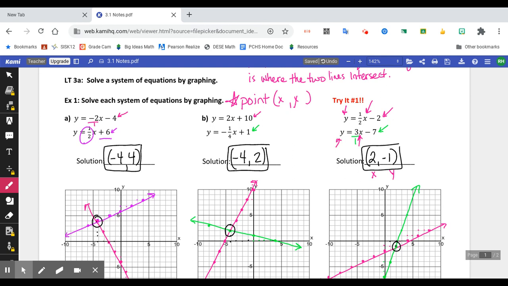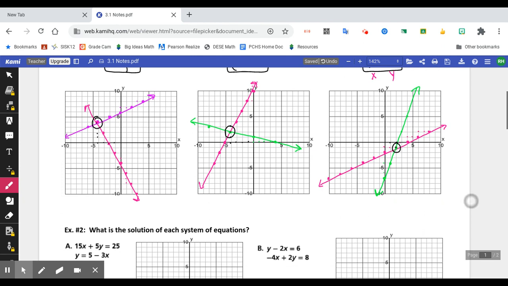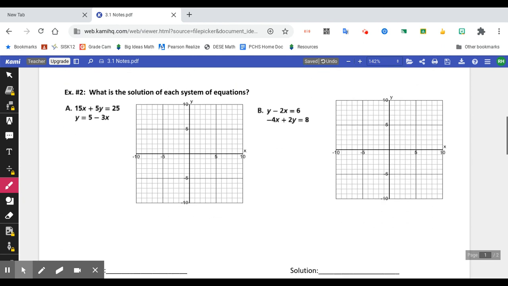So if I plug in negative 1 here equals 1/2 times 2 minus 2, well, 1/2 of 2 is 1, and 1 minus 2 equals negative 1, so that works. And if I try it again, my y value again is negative 1 equals 3 times 2 minus 7. Well, that would be 6 minus 7, which does equal negative 1. So you can see they both work out. That's a way to check to make sure that you have both of your answers correct for x and y. Okay? All right.